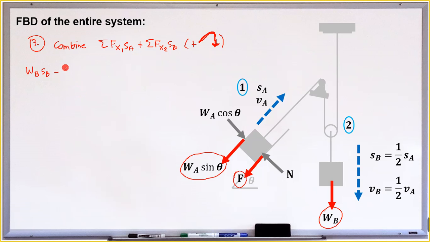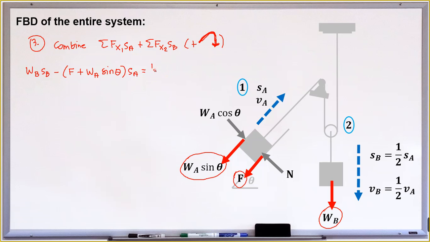So minus we have frictional force, plus WA sine of theta times SA, is equal to the change in kinetic energies.